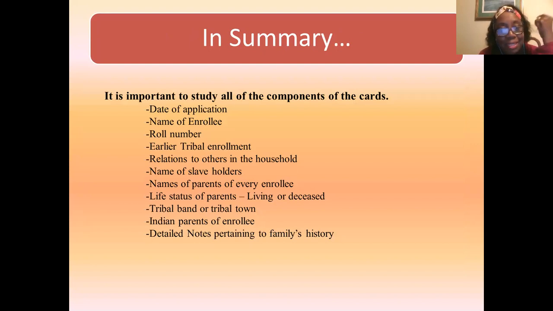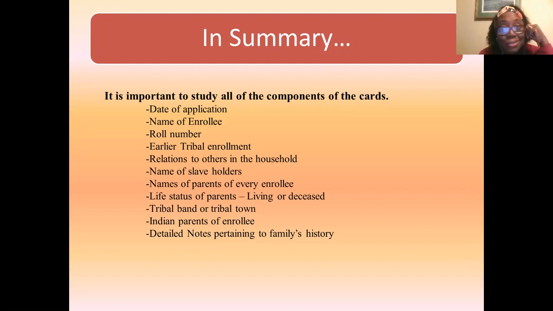You'll get the date of the application, the name of the enrollee, their roll number, yes, but their tribal enrollment number too, relationship to others in the household, the name of the slaveholder for those who had been enslaved, the names of the parents of every enrollee, the life status of the parent, whether they were alive or deceased, the tribal band or tribal town, Indian parents, if the parent was not a free person and was a member of the tribe, that information is there on those cards, and detailed notes that pertain to the family.